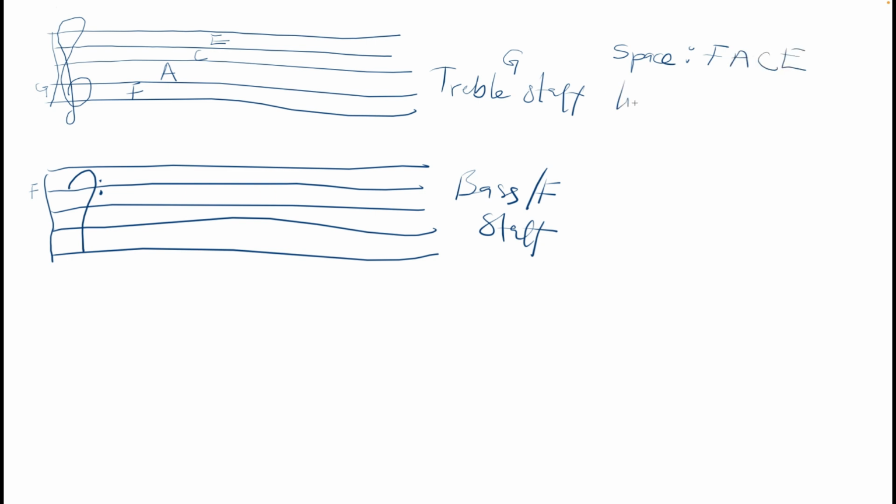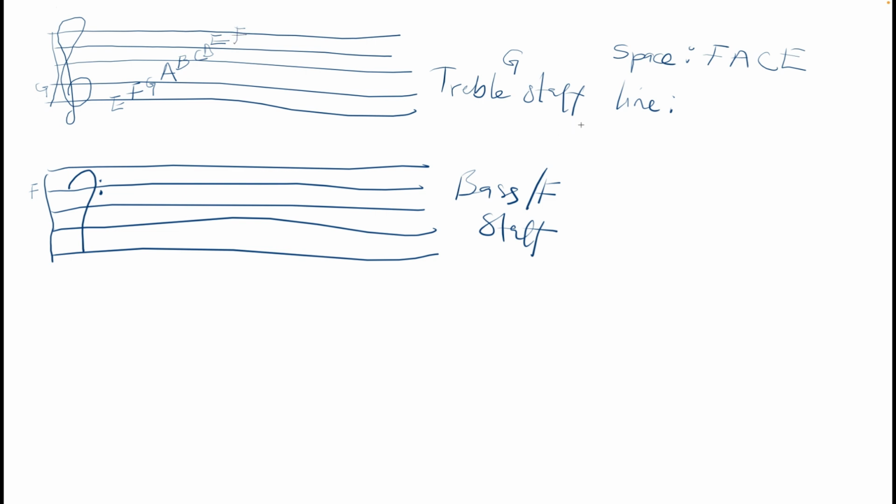While the lines, so if this is F, this is E, this will be E. This line will be G, just your normal A, B, C, D, E, F, G. So if this is A, this one will be B. And if this one is C, this one will be D. And this is E, this will be F.